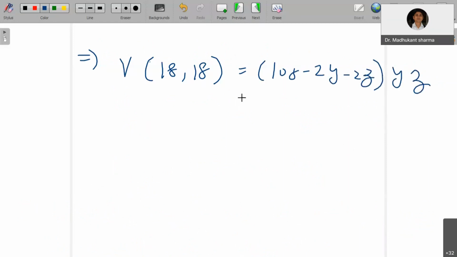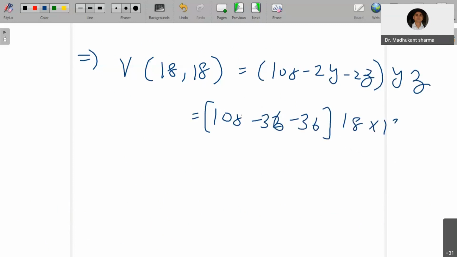So that is 108 minus 36 minus 36, which is 36, times 18 times 18.